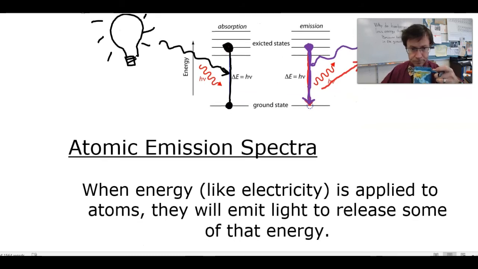So here's the thing. So what? So it gives us atomic emission spectra. That's what. And you might be asking, what are atomic emission spectra? Well, let's look at the words and see what words mean, because that's why we have words. Atomic means atoms. What does emissions mean? It just means spitting out.